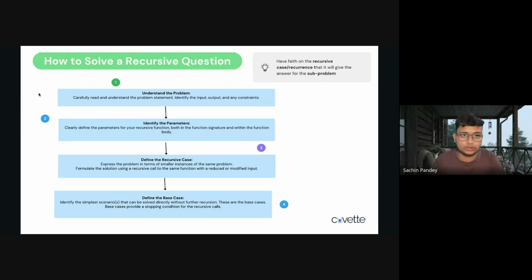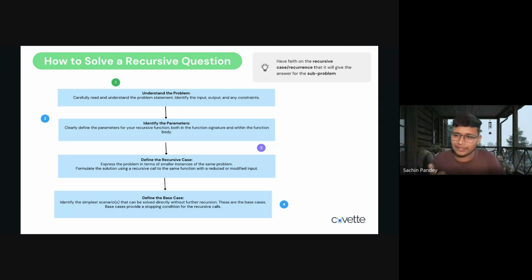Now, how to solve a recursive question, and before that, how to identify a recursive question. Hey Sachin, you told us to solve it this way, but what is the benefit if I'm not able to identify the question? Yeah, so first, how to identify where you can apply recursion.